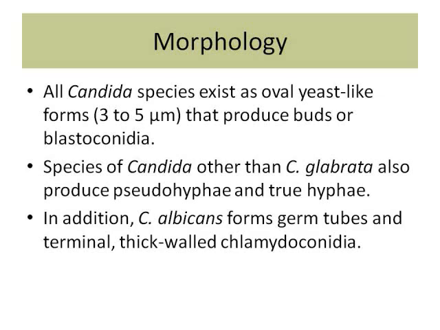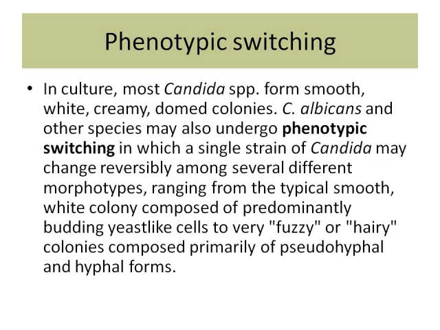Now, another important thing I want to discuss today, in terms of one of the pathogenic features of Candida, is that they have the capability of phenotypic switching. Most of the time they appear as smooth, white, creamy, dome-shaped colonies. But one Candida strain can actually change reversibly into different morphologies.